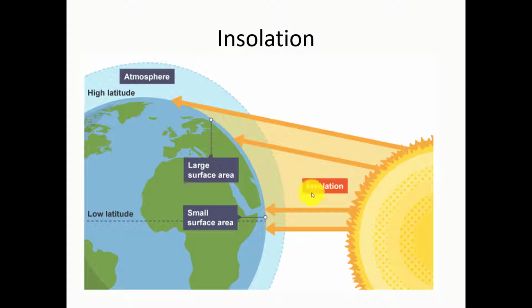Now, the arrows are drawn equidistant apart, and so it's representing the same amount of energy coming from the sun, but because of the curvature of the Earth, at higher latitudes, that same amount of energy spreads out over a larger surface area. In summary, the same amount of energy is concentrated on a small surface area at low latitude compared to a larger surface area at high latitude.